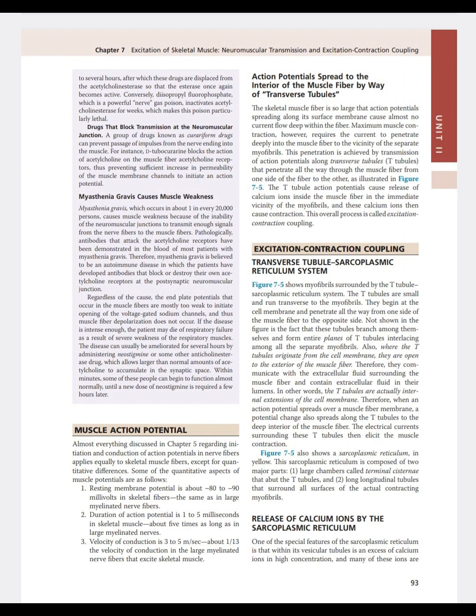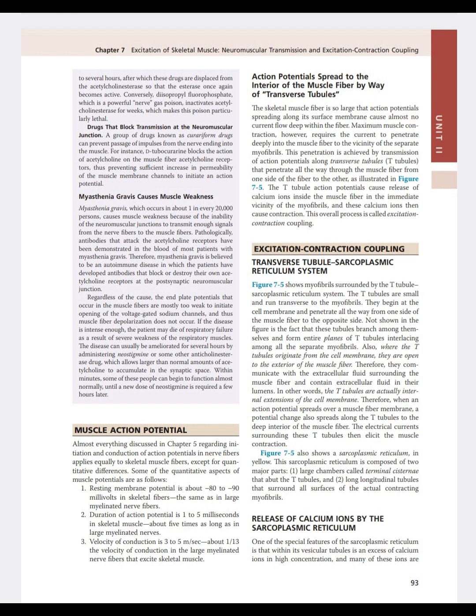Now let's come to the next page, that is page number 93, and talk about the heading myasthenia gravis causes muscle weakness. Highlight this and highlight the lines which I am speaking. Myasthenia gravis, which occurs in about 1 in every 20,000 persons, causes muscle weakness because of the inability of the neuromuscular junctions to transmit enough signals from the nerve fiber to the muscle fibers.